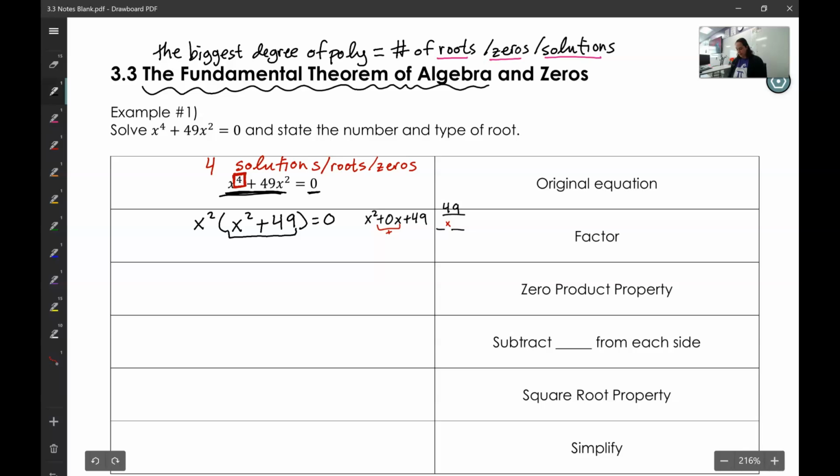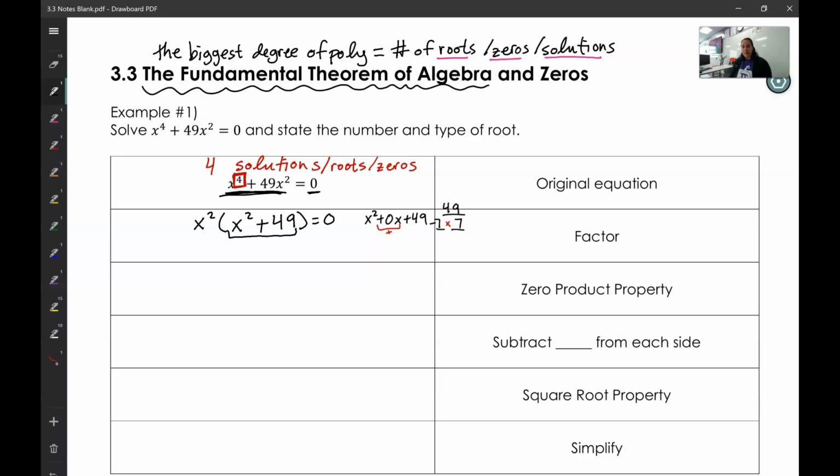Some of you might think, well, 7 and 7. That multiplies to 49, but that doesn't add to 0. Well, -7 and +7 adds to 0, but that doesn't multiply to a +49. So this one actually is very special in that it cannot be factored.